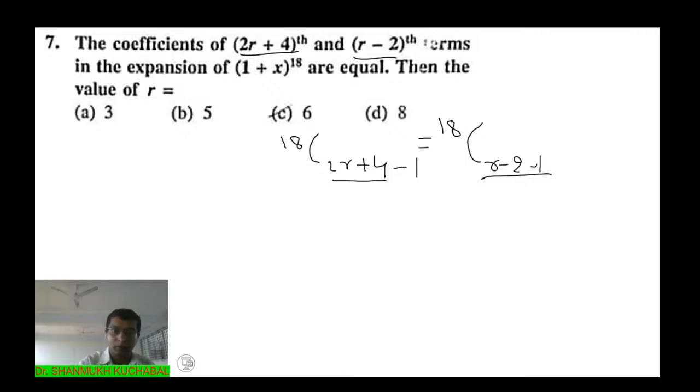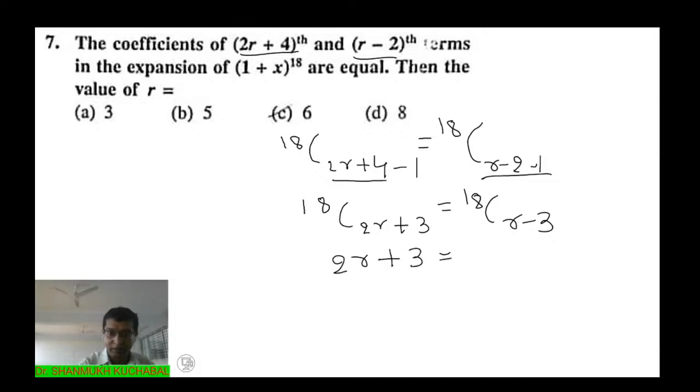Yes, n equals 18. So we will simplify. So we get 18C(2r + 3), and here it is 18C(r − 3). Now n are the same, so we will equate r, that is 2r + 3 equal to r − 3.